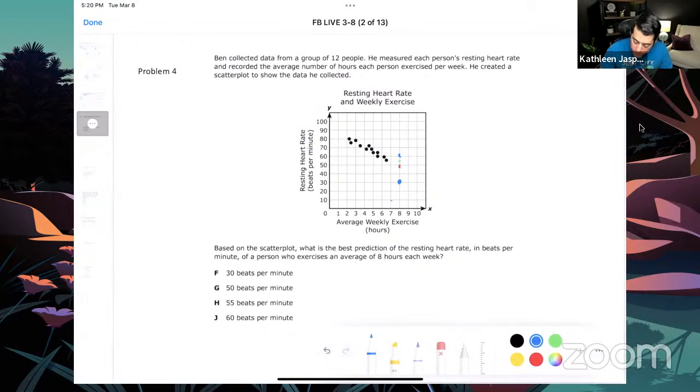So I feel pretty confident that this is out, right? That's not going to work because of the way it's going. The way that I like it going is that as it keeps going on the line here, it's going down. So I like it here over the 50 because 55 and 60 are just a little too high. Could they be on that line? Sure, they could, but we're looking for the best possible prediction.